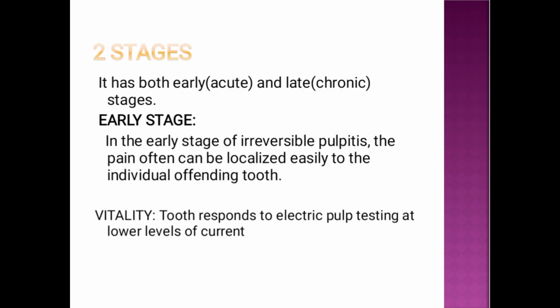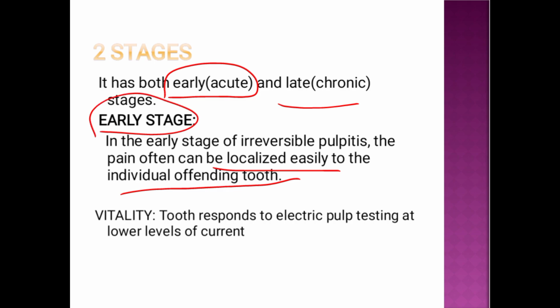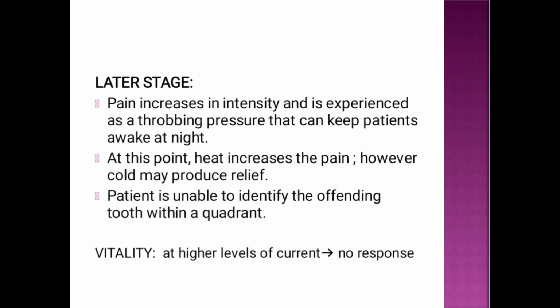There are two stages: an early stage, which is acute, and a late stage. In the early stage of irreversible pulpitis, the pain is often localized easily to the offending tooth. The tooth responds to electric pulp testing at lower levels of current, but later the pain increases in intensity. It has a throbbing pressure that keeps the patient awake.